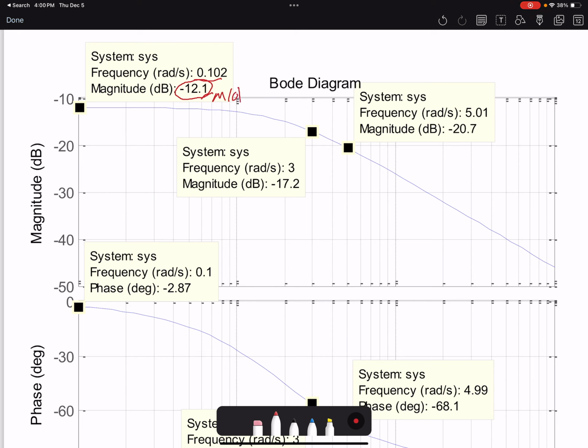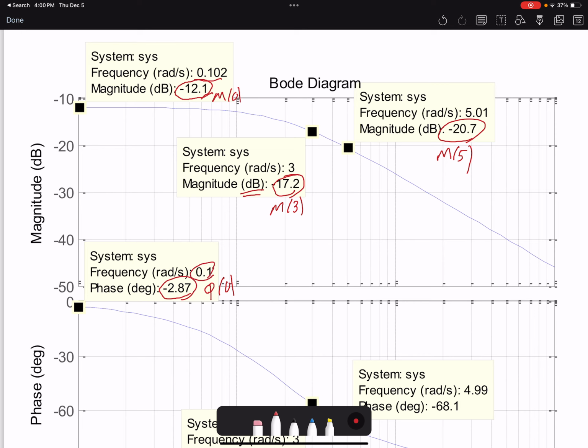Here we have the change in magnitude for the frequency of 3. So basically this is M3. Maybe we shouldn't call them M3 because they're in decibel, so we have to change that. And then this is M5 for us. And same thing here, we have the phase change. So we have approximately 0.